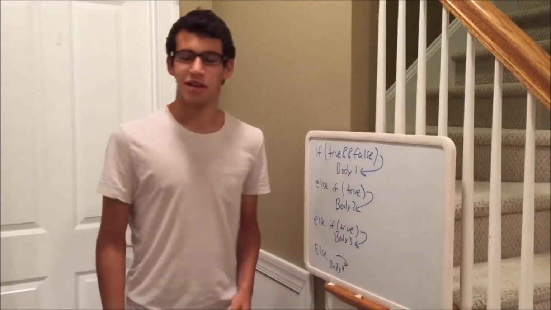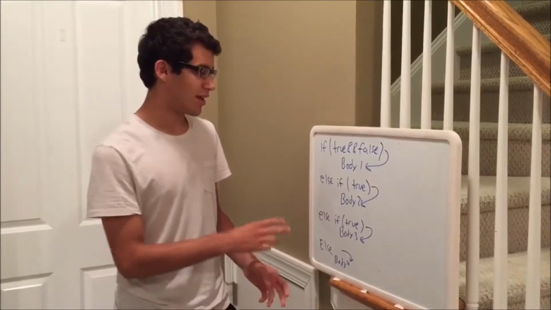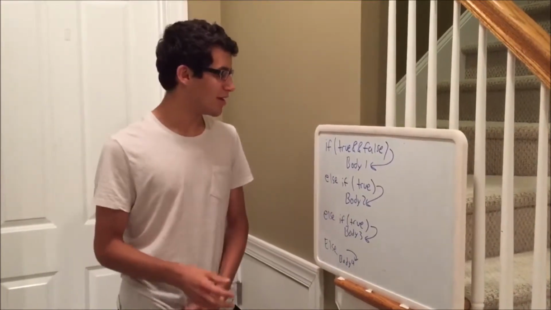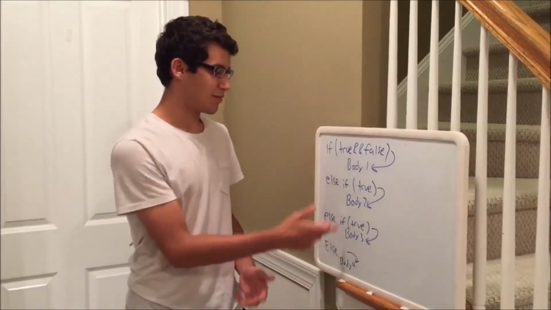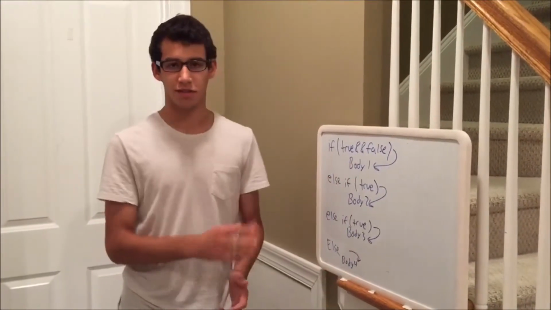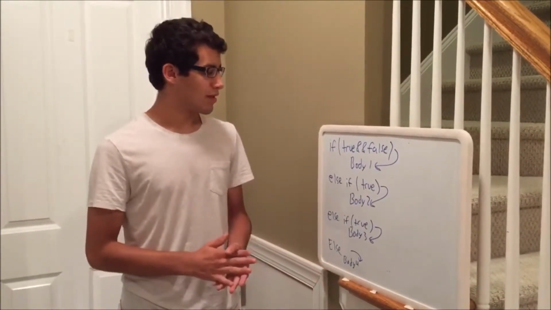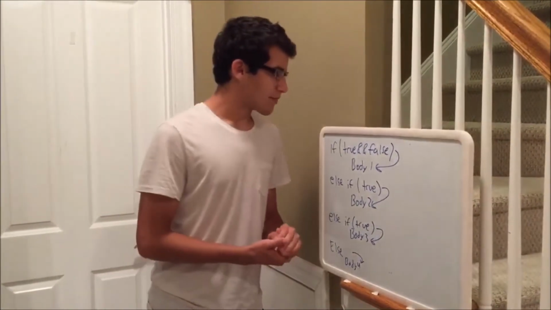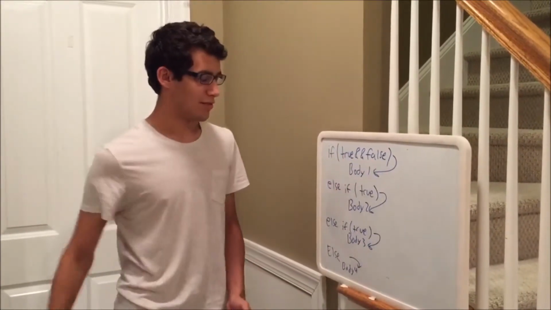Okay, so this is kind of a combined example, and I'm also introducing the if-else if statement. Basically it's just an if statement, but it has multiple ifs, and it's going to execute the first one and then break out. So in this example, it goes: if true and false, it'll execute body 1.